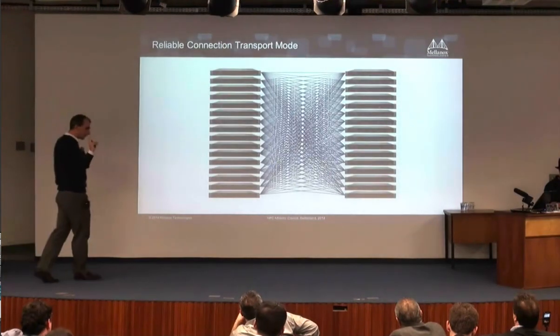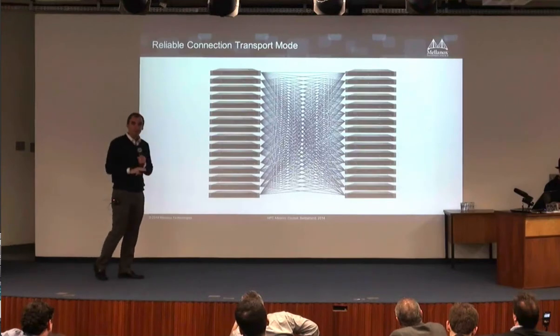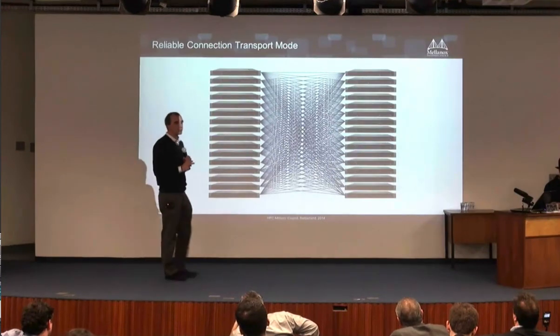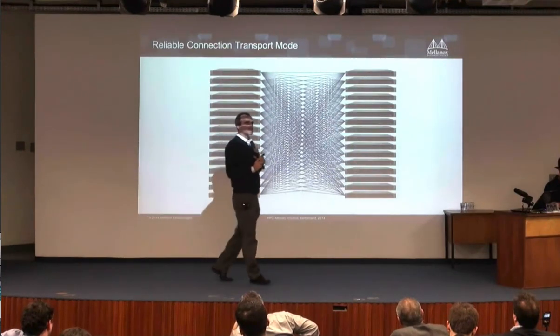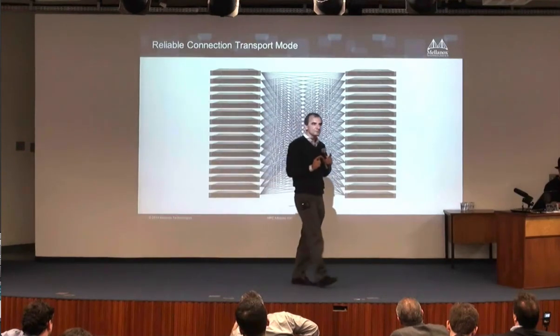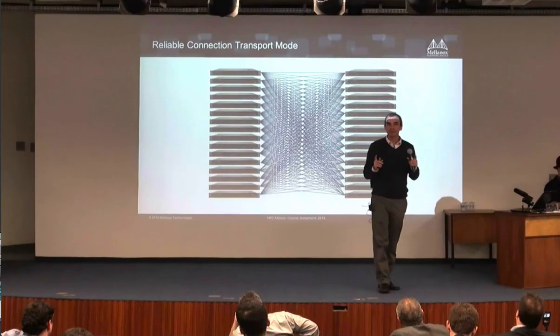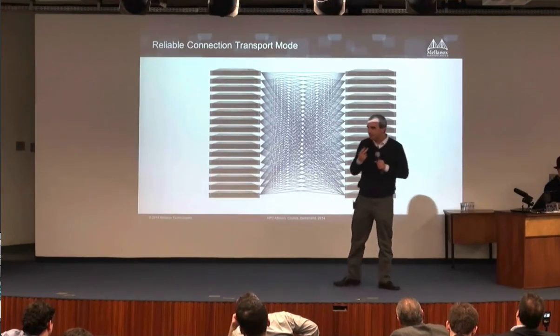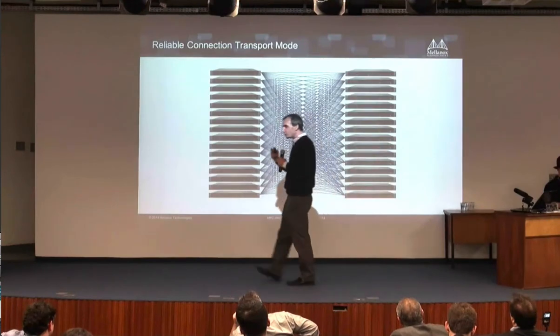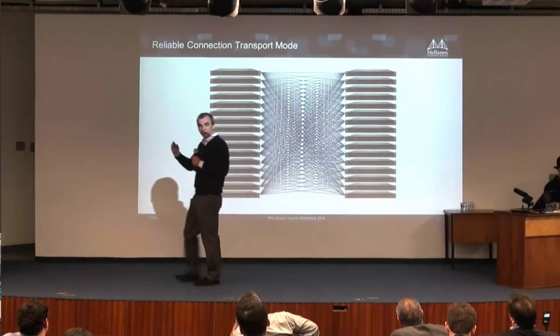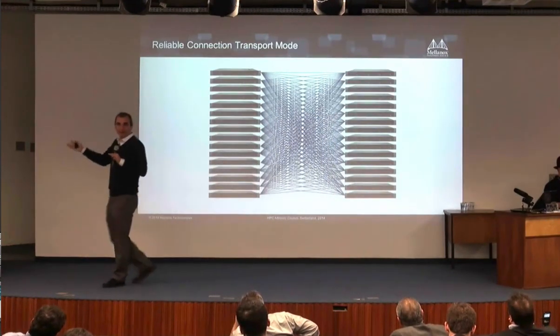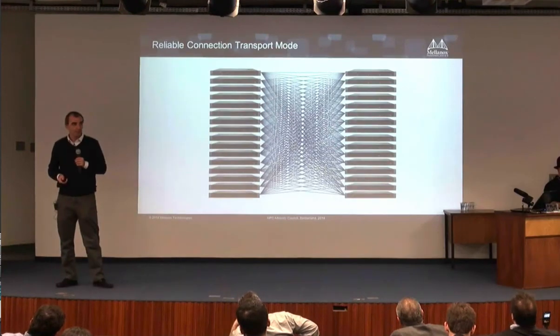The other aspect, I said there were two aspects. One of them is collective operations. The other one has to do with the amount of context and the time that it takes to set it up in order to create full connectivity on one huge cluster. If you think of it, the number of connection contexts grows as the square of the number of ranks that you have in your job.